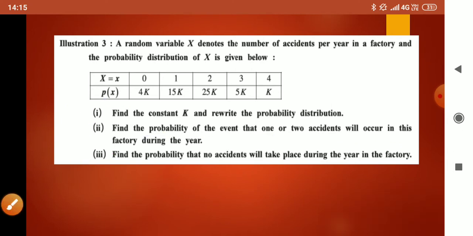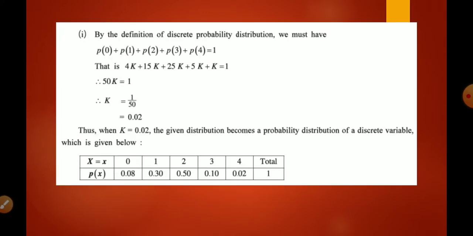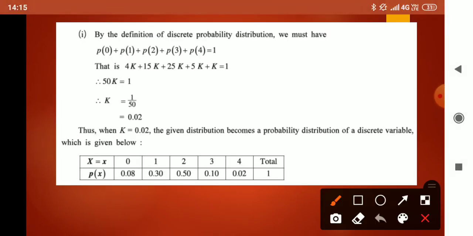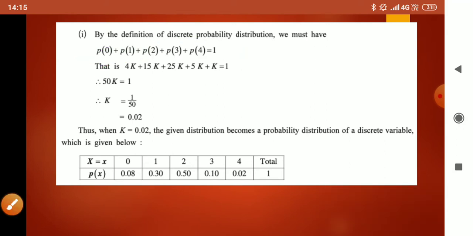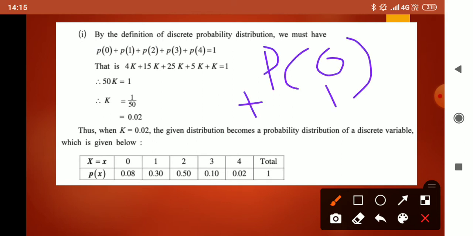For the first one, find the constant k. How to find the constant k? We have learned that the sum will be equal to 1. So what we will do is p0 plus p1 plus p2 plus p3 plus p4.